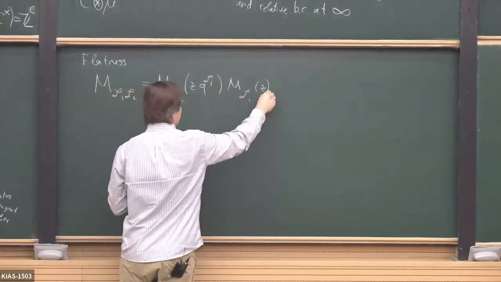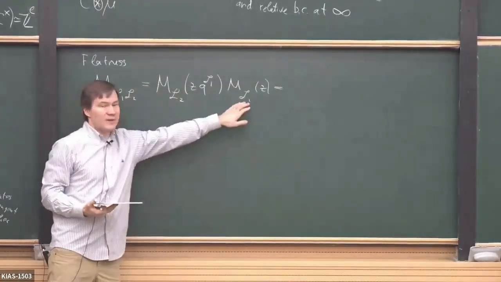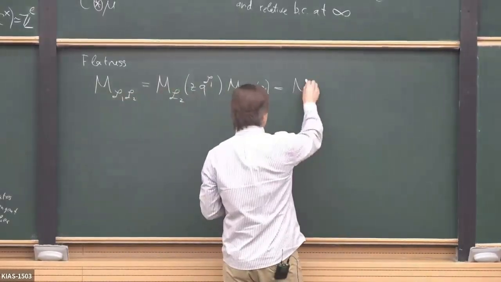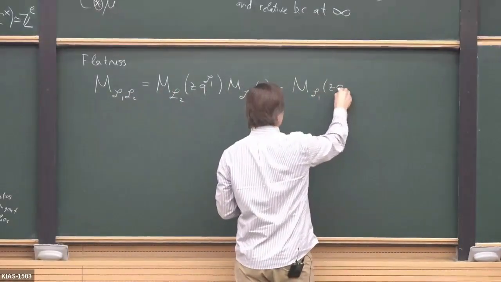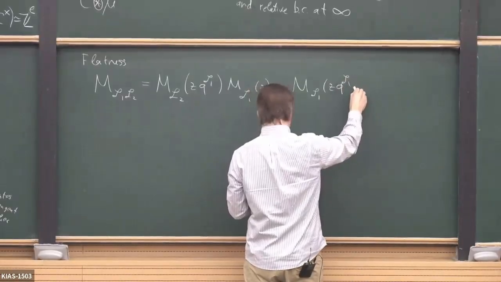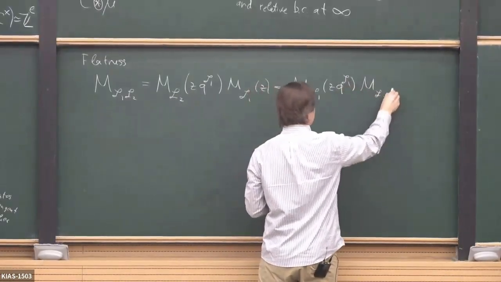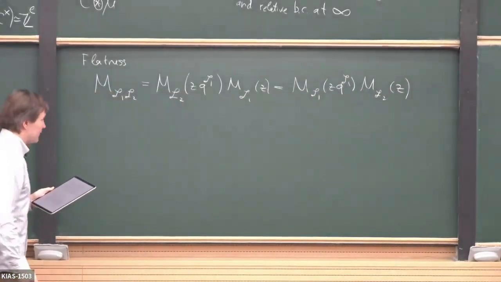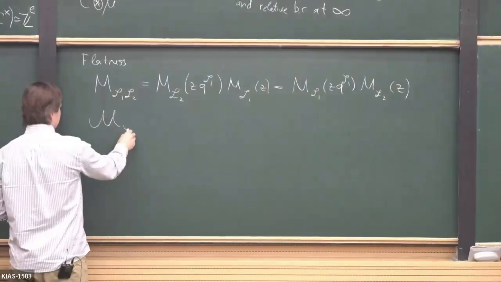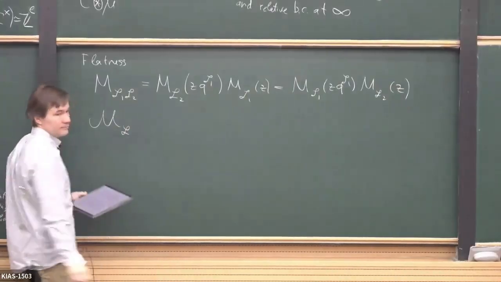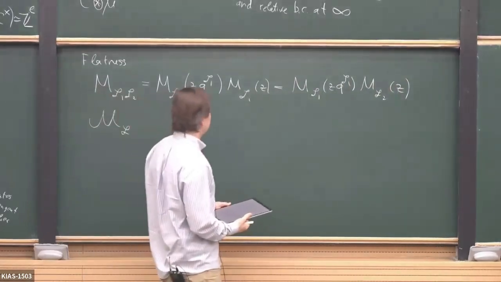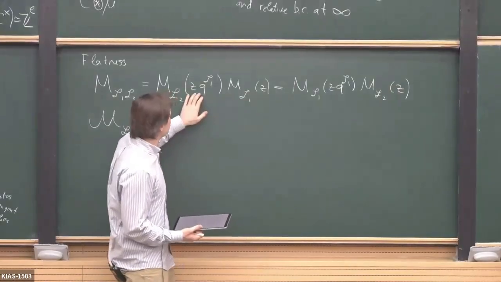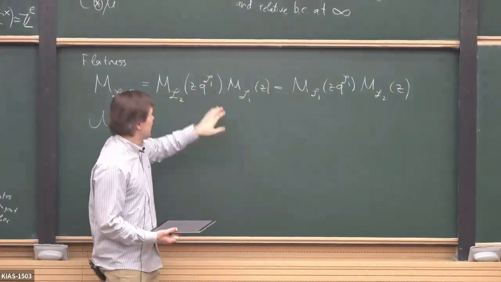I can shift first along L1 and then shift along L2, or I can do it the other way around. And then if I define curly M, first I shift along L1, and now I'm already in this shifted q-grading, and then I shift in L2.